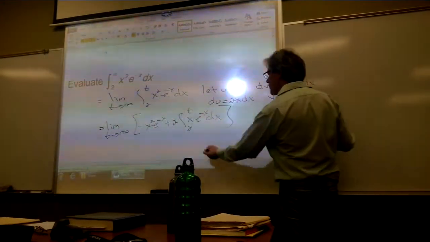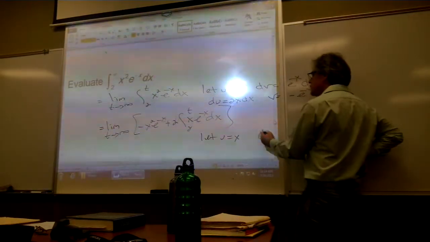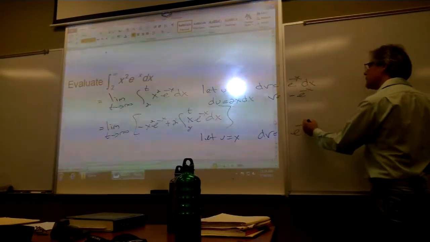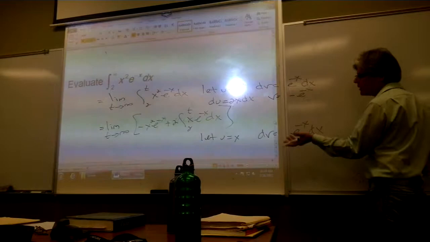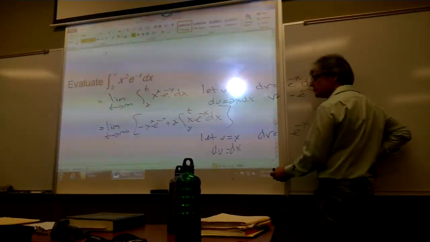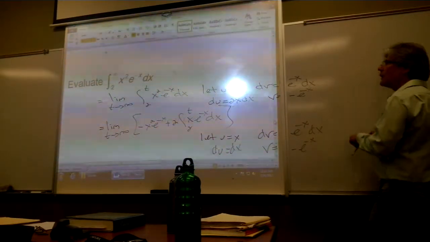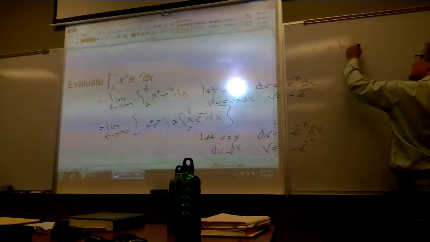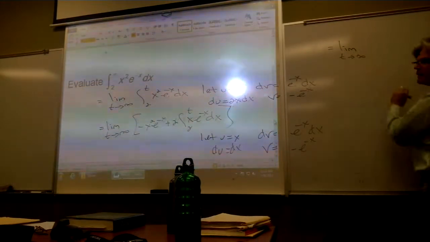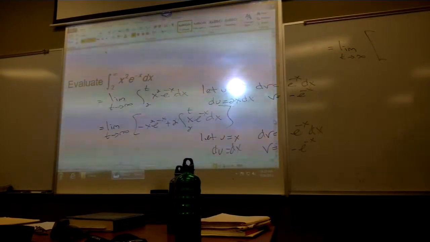Applying integration by parts again, this time my new u is going to be equal to x, and my dv is going to be e to the negative x. So du and dx are synonymous, and v is going to be the opposite of e to the negative x. So in applying my formula again, I now have the limit, as t plays this game, of some stuff. By the way, I messed up my notation here.